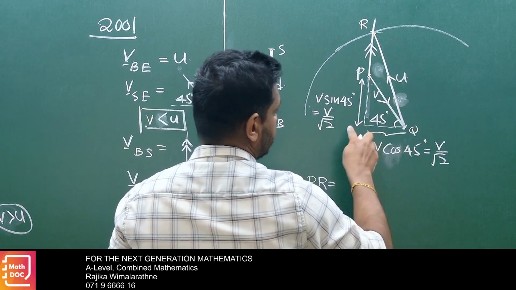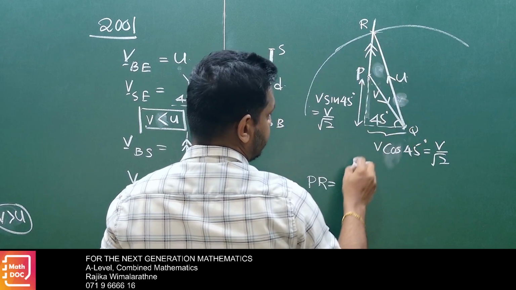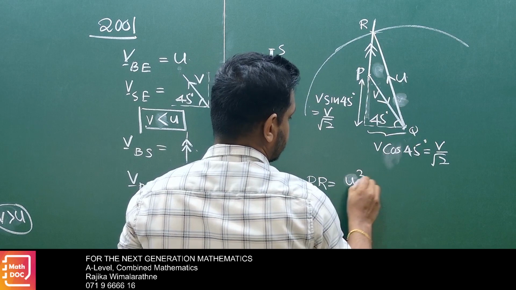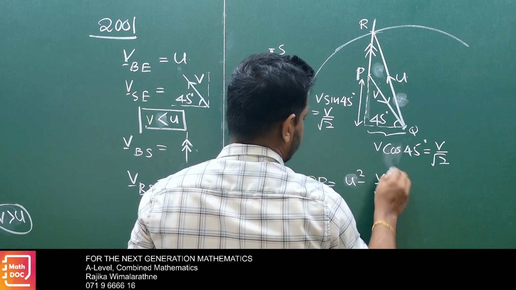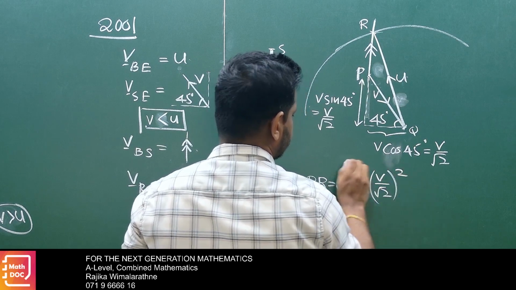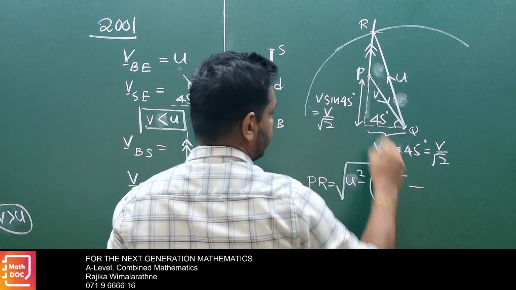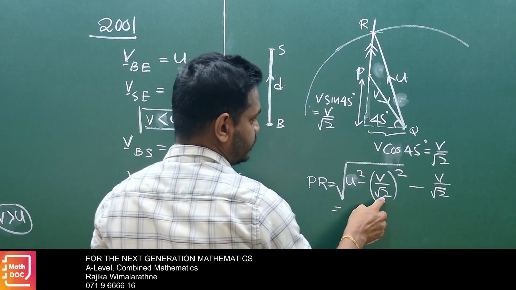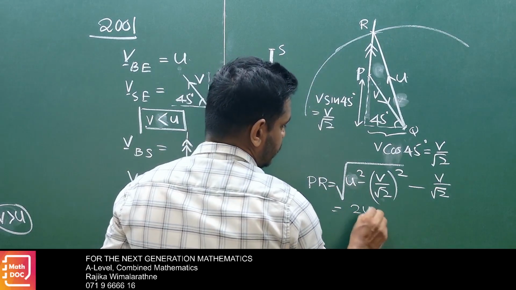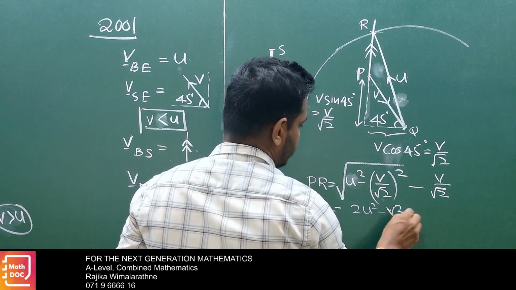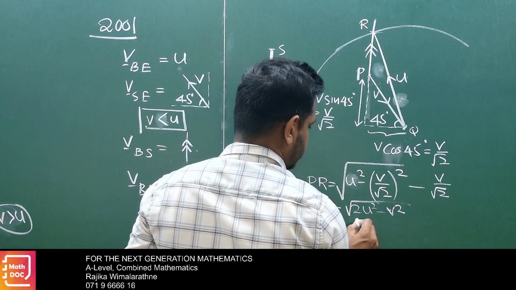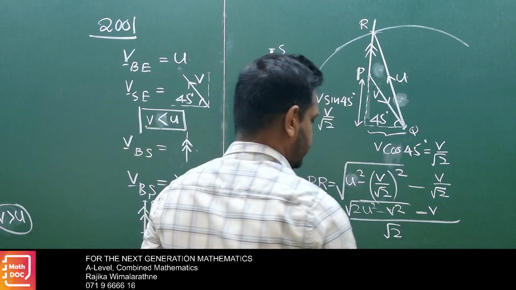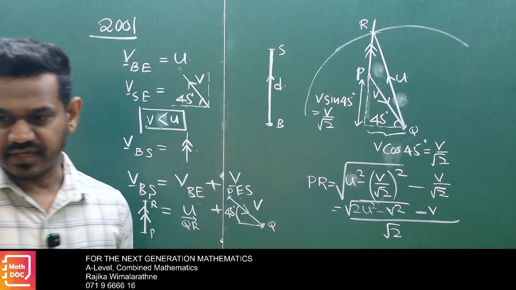Here U, here V over root 2, apply the Pythagorean theorem. U squared minus V over root 2 squared, root, and by that you subtract V over root 2 again. Then simplify. Here 2 goes here. Root of 2U squared minus V squared, divided by root 2, minus V divided by root 2. Here it is. That is PR.